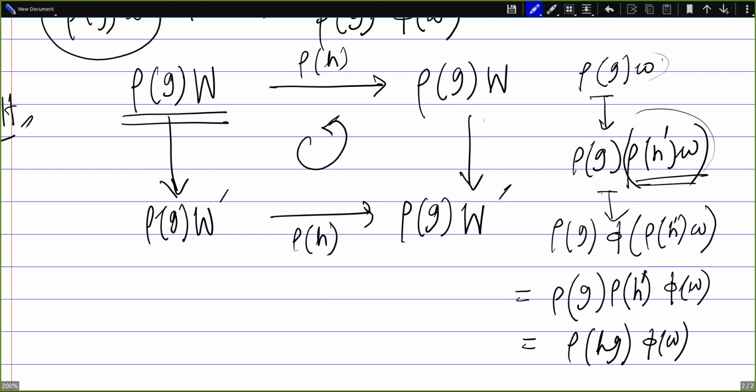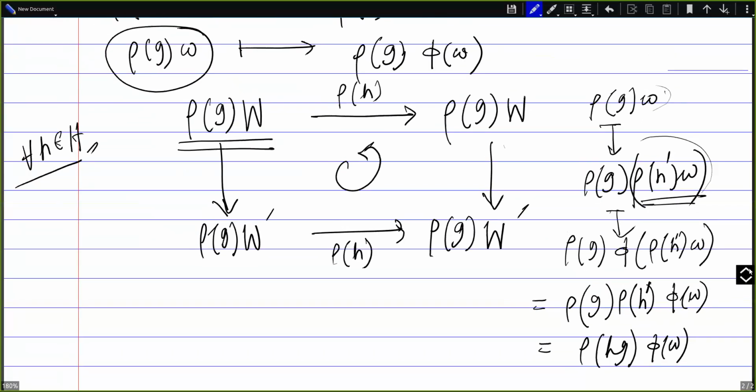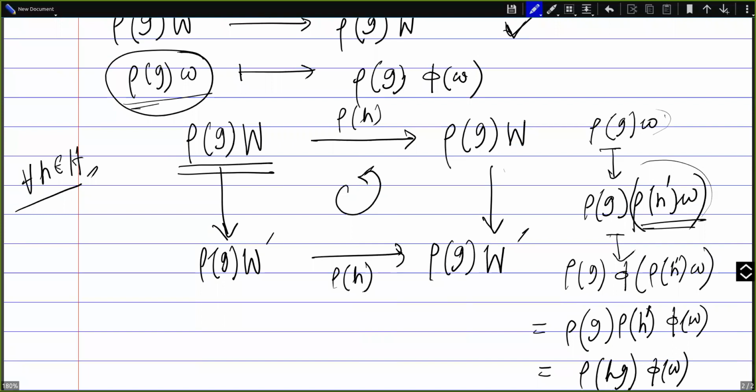Now you see that this is what we are getting in the alternate route, like rho G W. When you apply phi rho H on that, it will be rho H G W. Again, let me show you.